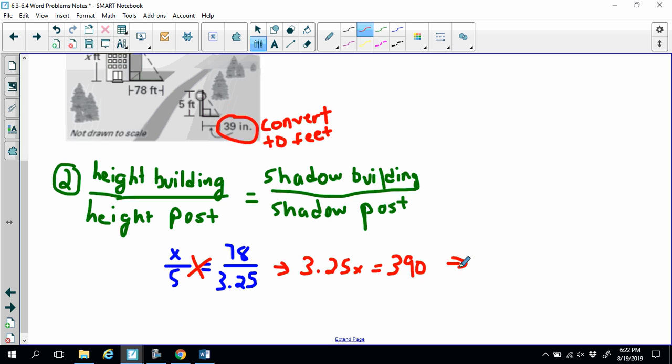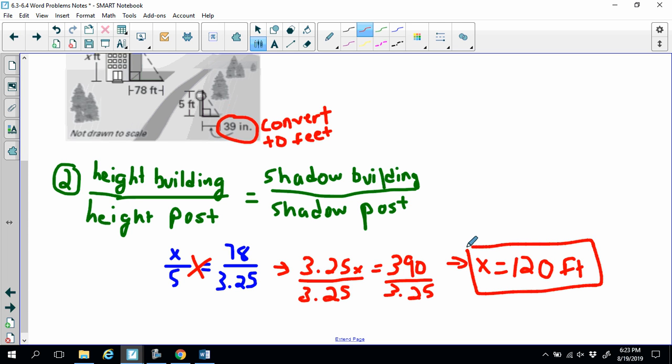From there, we want to divide both sides by 3.25 so we can get x all by itself. And when we do that, we get x equals 120 feet. And please don't forget the units. So that is basically the height of the building, 120 feet.